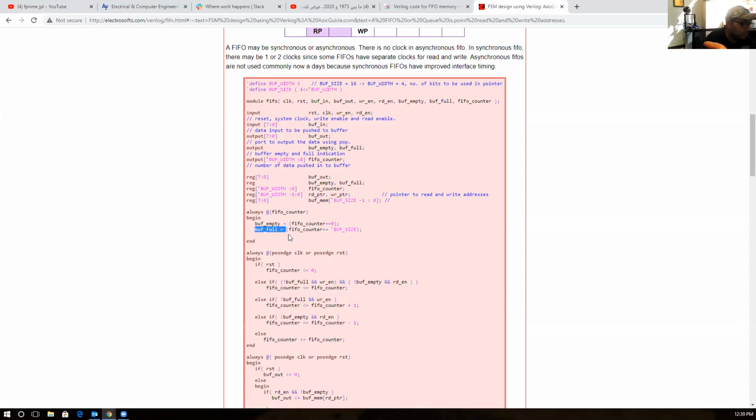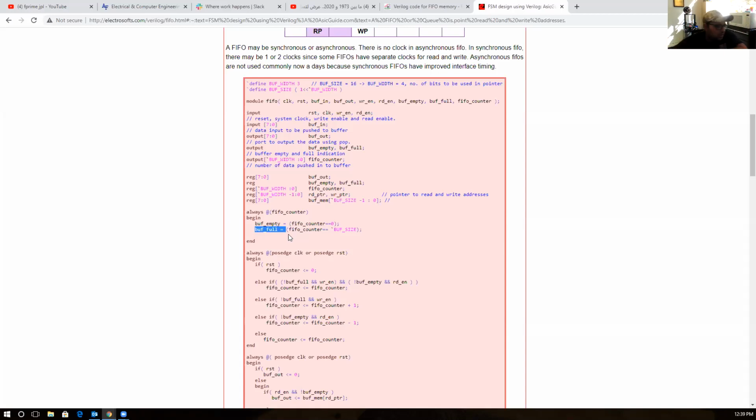It's still used, by the way. You can also make it with an if statement. Do you agree? You can say that if FIFO counter is equal to 0, then be sure buffer empty is equal to 1. Else, if FIFO counter equals the buffer size, then buff full will be equal to 1.